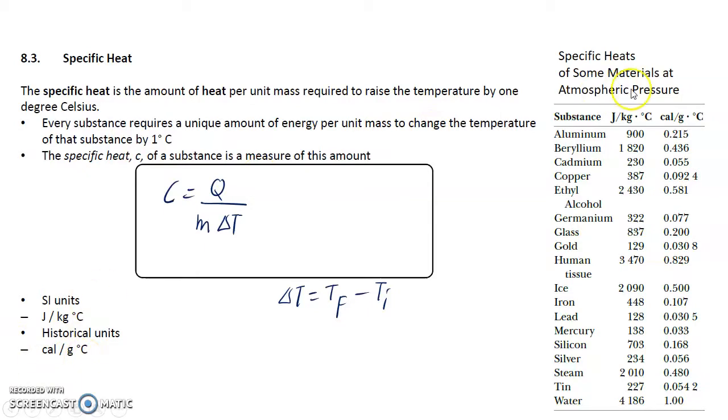Let's take a look at this table that shows the specific heats of some materials at atmospheric pressure. Looking at the water, as you can see in the right column here, it is given as 1 calorie per gram per degree Celsius.